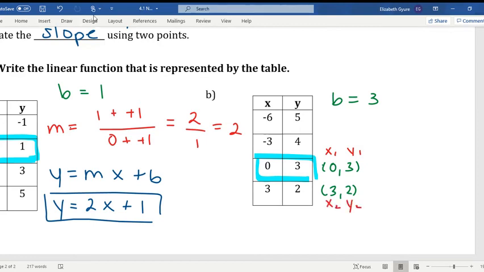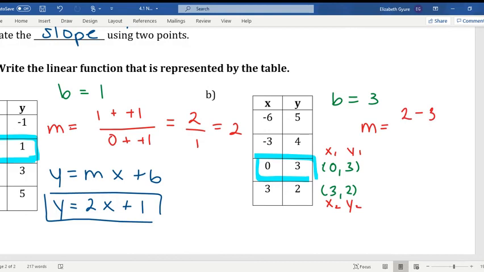And then let's find our slope. How should I subtract the top? What are my two y values? 3 and 2. So if I do y2 minus y1, I should do?